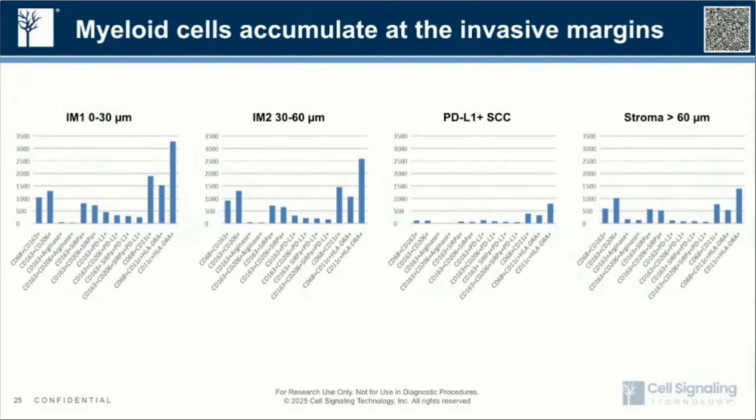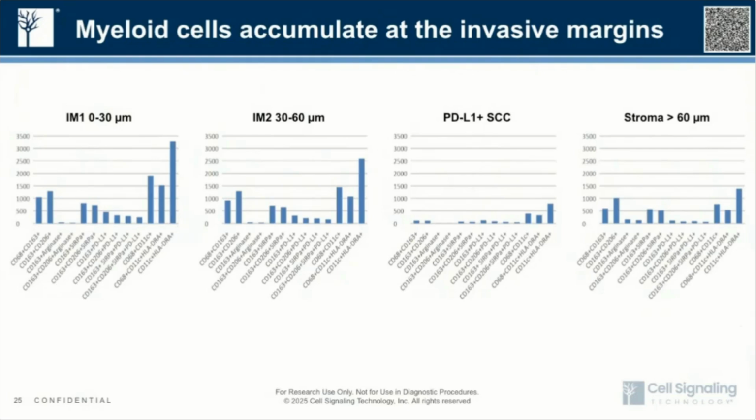So you can see that there were more of the pro-inflammatory markers closer to the invasive margins, from 0 to 30 micrometers, compared to the CD163, CD206 anti-inflammatory M2 type markers, and that most of these were not inside the tumor, as we mentioned, and lower within the stroma.